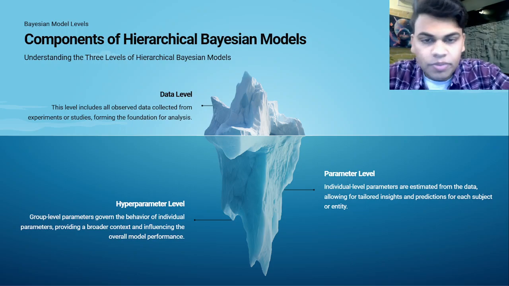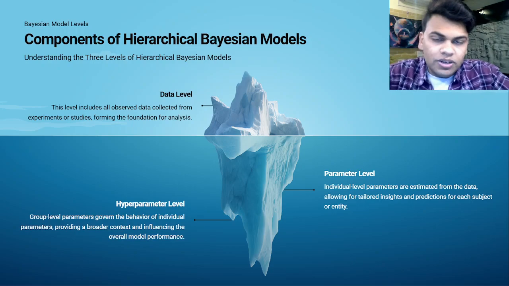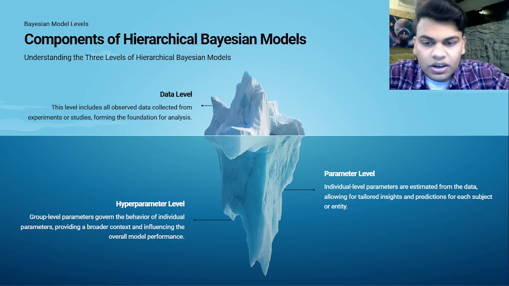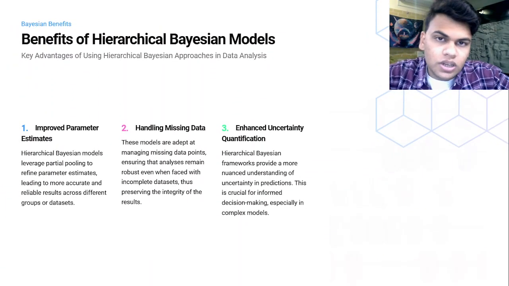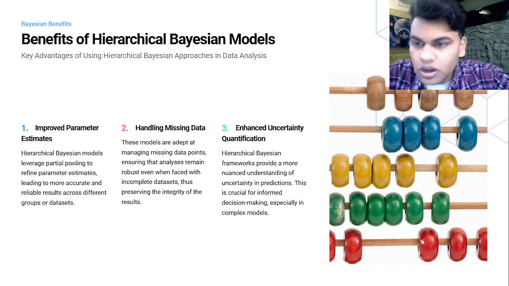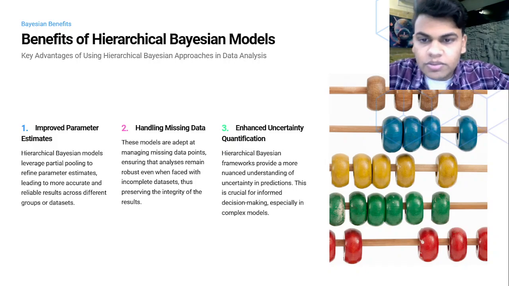And then there's the hyperparameter level, which is like the parameter of these parameters, and that way we create a tiered structure so that we can better control the classification of these data points. The whole idea is to reduce the number of features that we have to process. If we are able to find a better relationship between hyperparameter and parameter, then we would have better accuracy in our output.